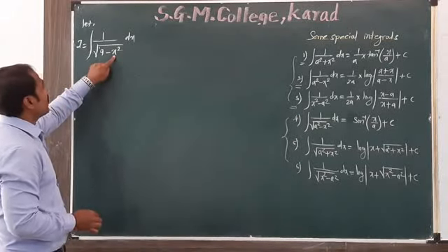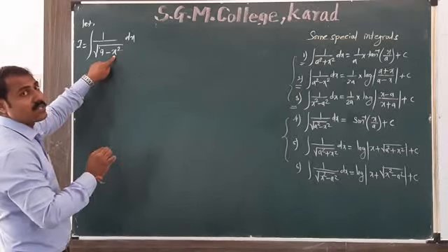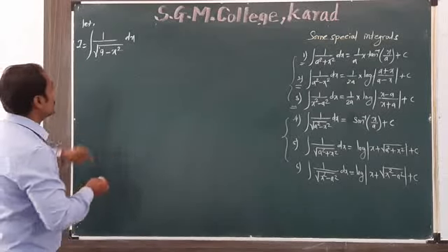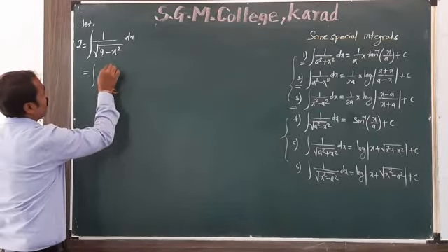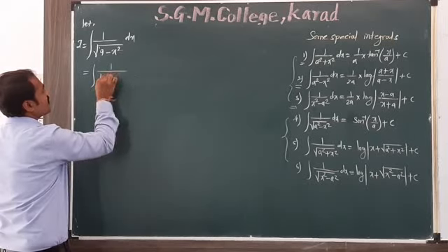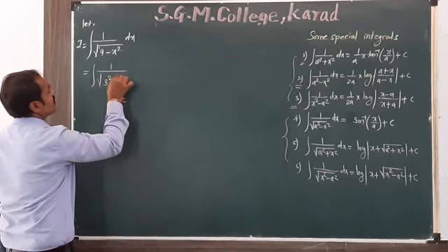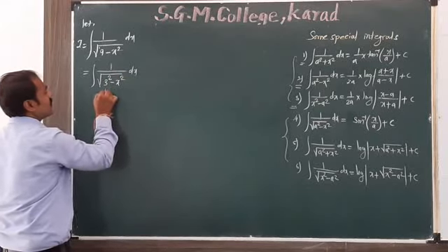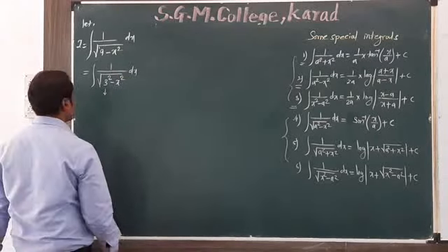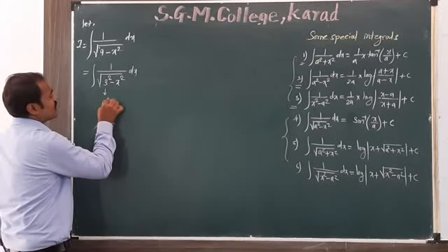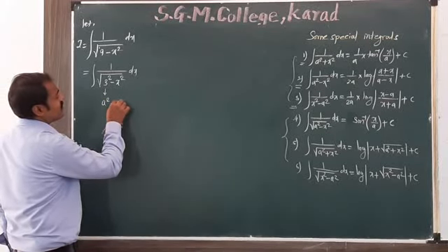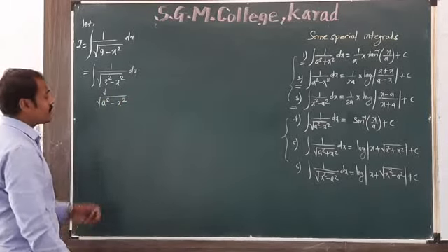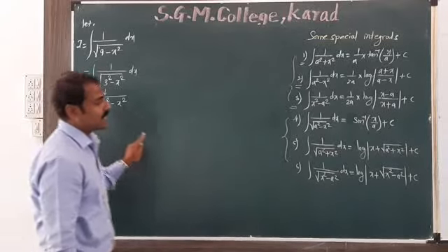Now in the denominator there is one variable square, so write the other term as a constant square. So I can write this as 1 upon square root of 3 square minus x square dx, since 9 is the square of 3. Here 3 is a constant, consider it as a, and x is the variable, so it looks like root of a square minus x square in the denominator.